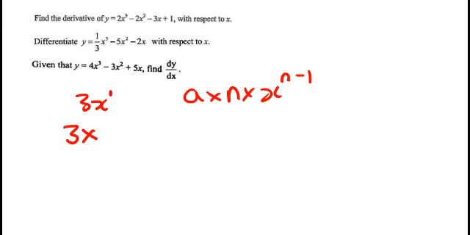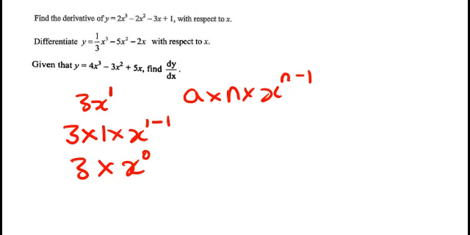Now the power is 1, which is the invisible 1, so you have a 1 there, and then the power of x must be reduced by 1. And then you are going to have 3 multiplied by 1, multiplied by x to the power 1 minus 1, which is 0.